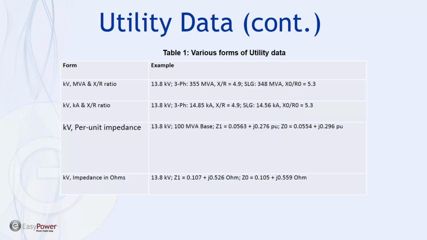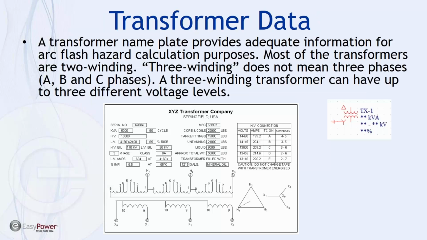And here's what the format of that data usually looks like. Frequently, it'll be the current level, say for instance 4.5 kiloamps, and then the X over R value, both for three-phase balanced fault and for a single line to ground fault. The tool will allow other types of formatted data if that's the way the utility company set it up.